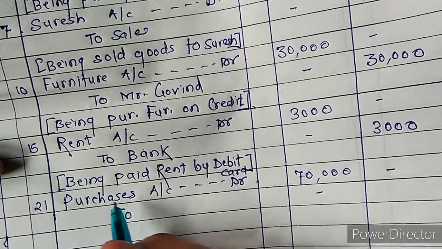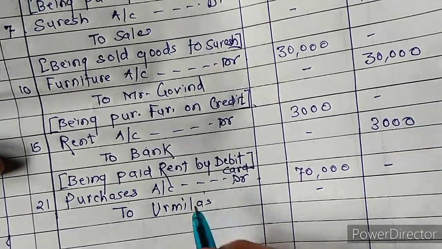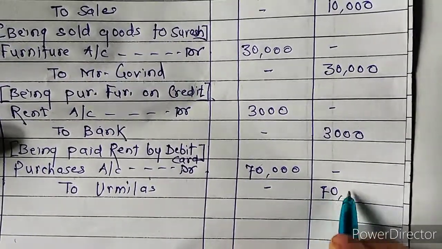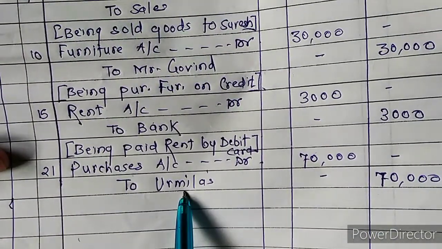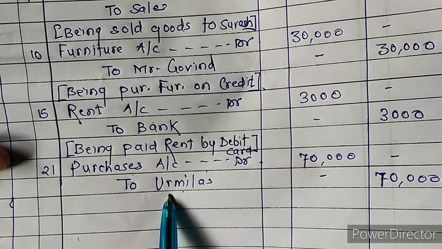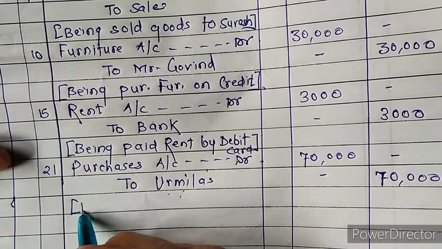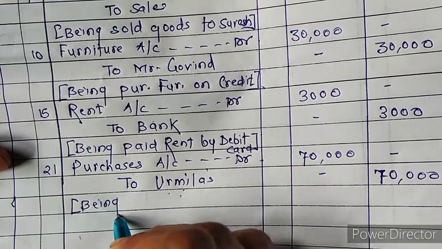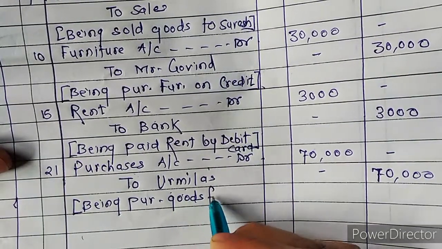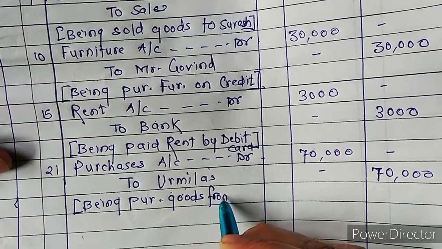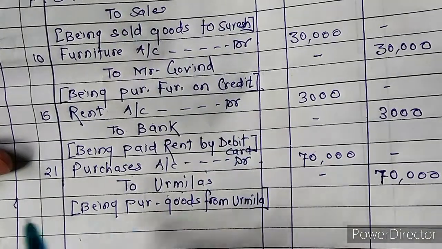Cash does not go out, and so to Urmila's account credit rupees 70,000. Why is credit given to Urmila? Because this is a credit transaction. Goods are purchased from Urmila. So, being purchase goods from Urmila on credit.